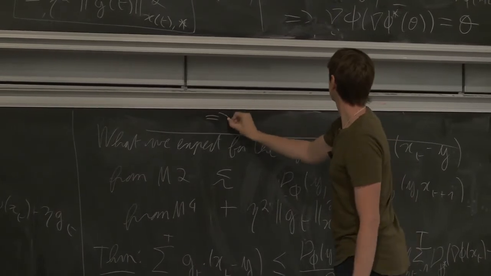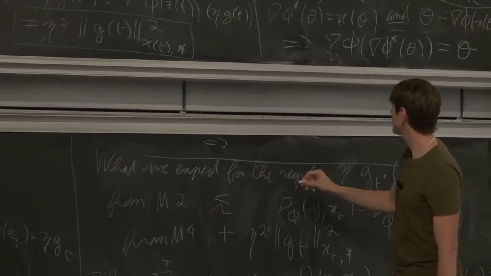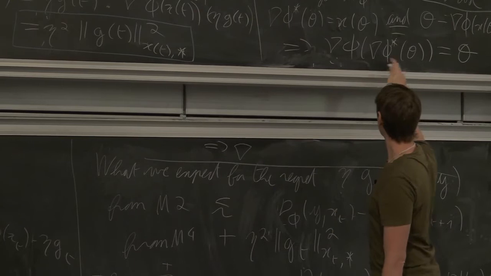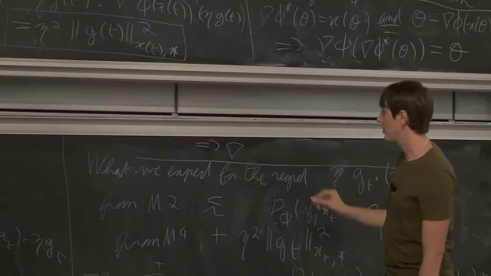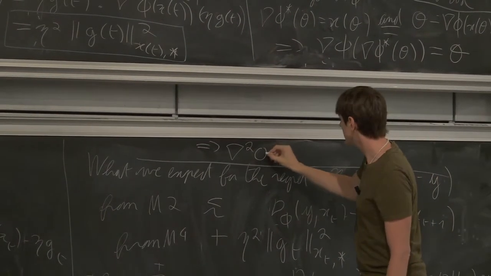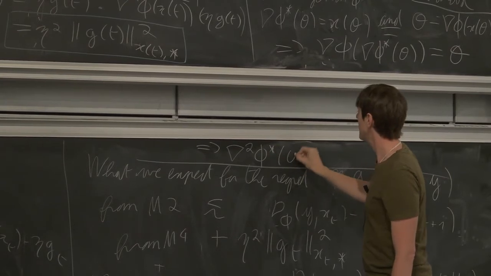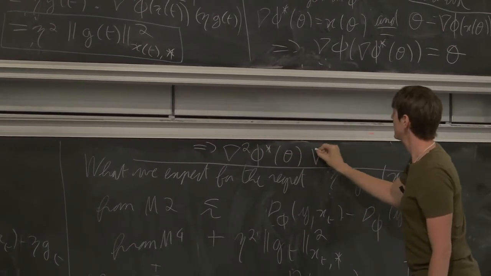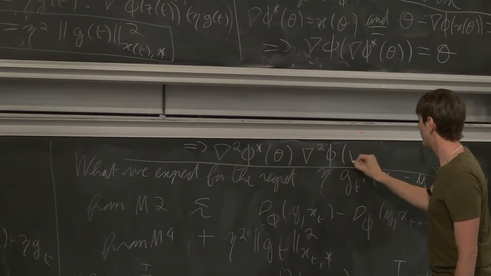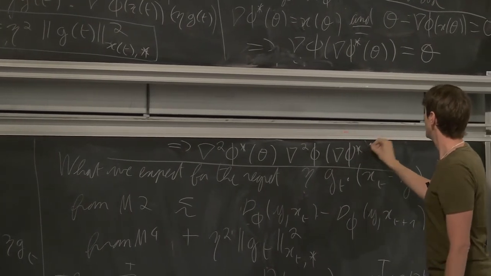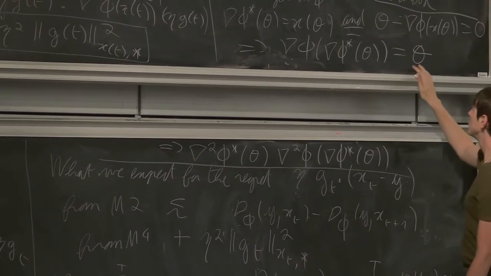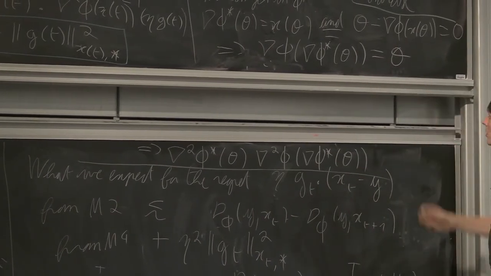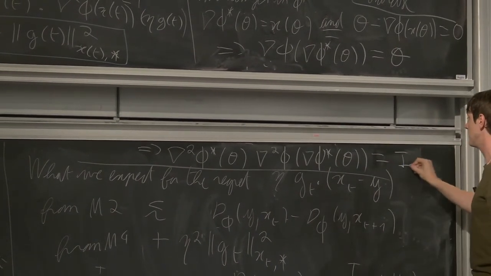When I differentiate this thing with respect to theta, I apply the chain rule, a term which comes from the inside. I get the Hessian of phi star of theta applied to the Hessian of phi at grad phi star of theta. This should be the derivative, the Jacobian, of theta, which is just the identity.